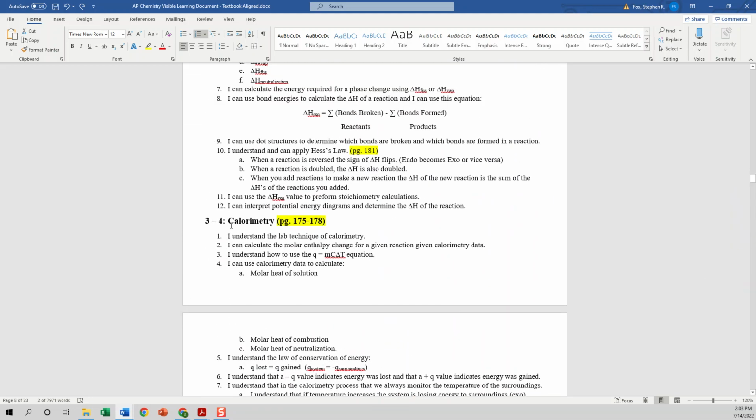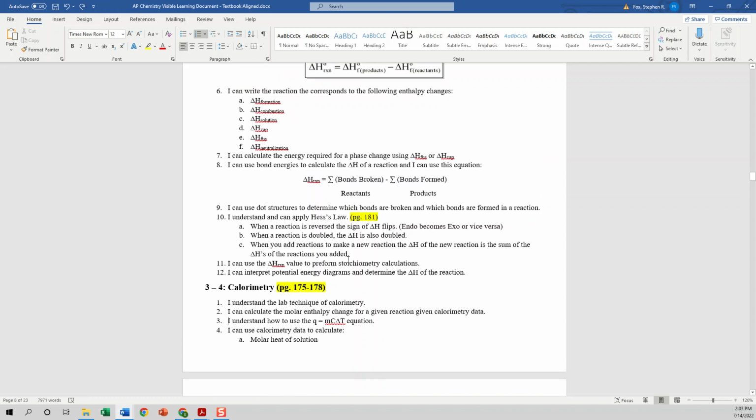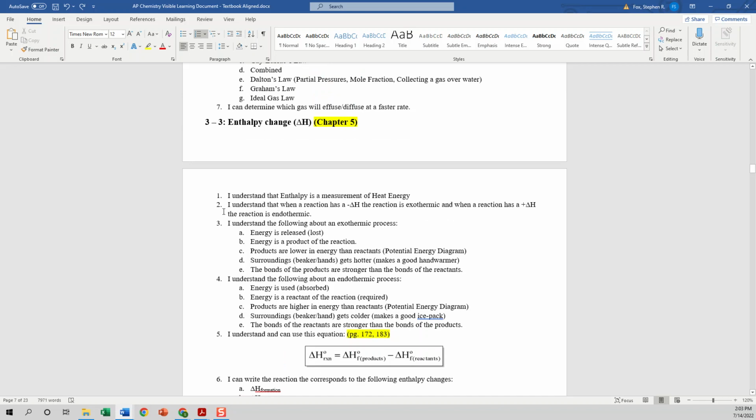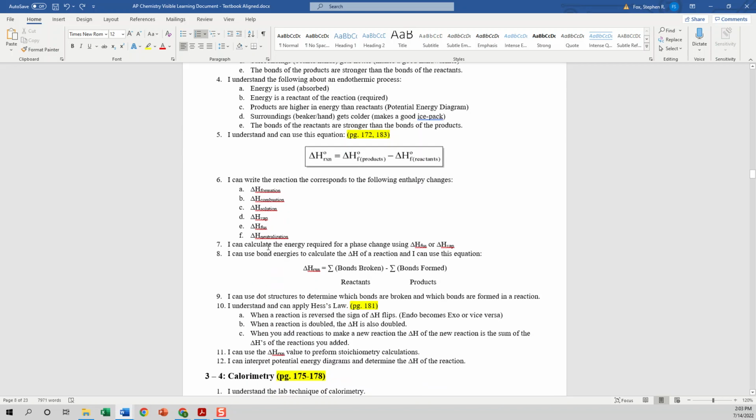So 3-4 is calorimetry, but 3-4-3 is Q equals MCAT, so Q equals MCAT calculation. And then it was 3-3, 3-3-7, which is I can calculate energy required for a phase change using delta H of fusion or delta H vaporization. So delta H of fusion is for melting and freezing, and delta H of vaporization is for vaporizing and condensing.